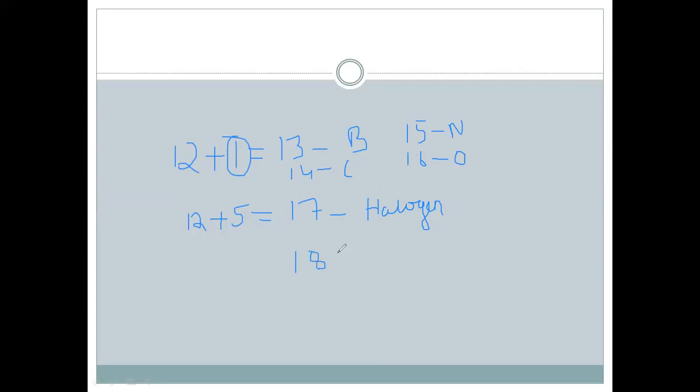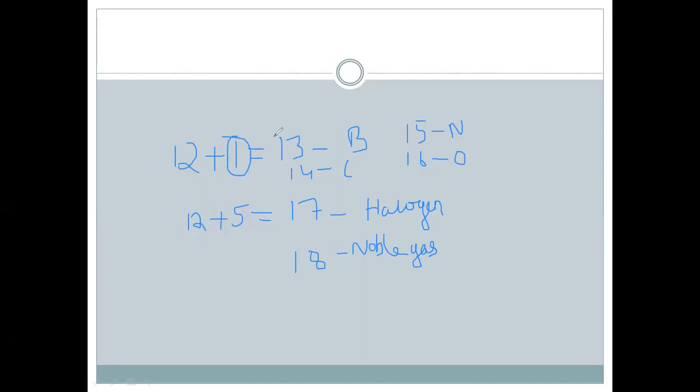And again here, for the noble gases, we have different names: inert gas, rare gas, zero group element, and the 16th group element is also called the chalcogens.